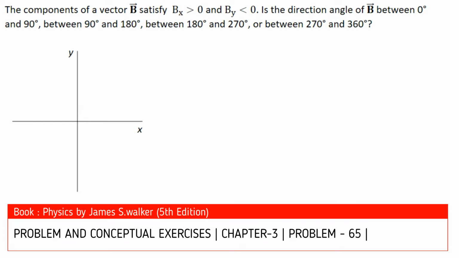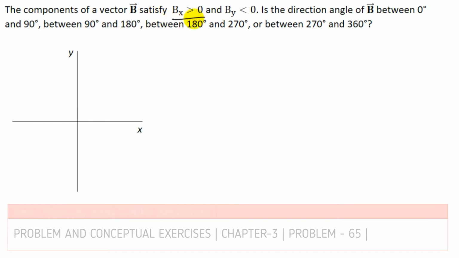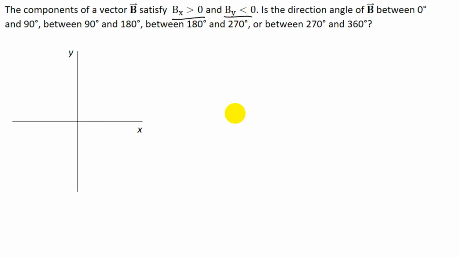Now in this question we are given that the components of a vector B satisfy Bx greater than 0 and By less than 0. Bx greater than 0 means it is along the positive x, so this should be the direction for Bx, and By less than 0 means negative y, so this should be By. Now we have to tell whether the direction angle of vector B is between 0 to 90, 90 to 180, 180 to 270, or 270 to 360.